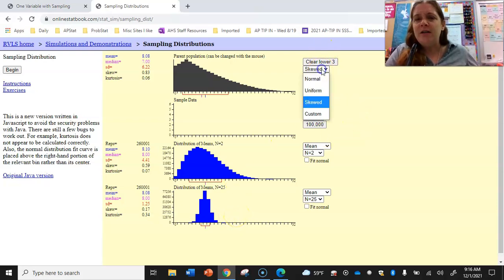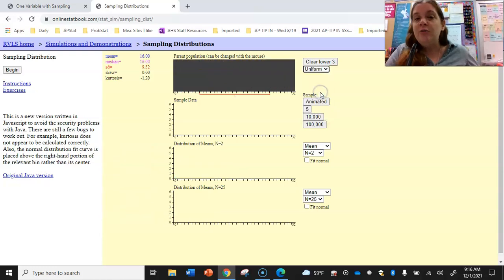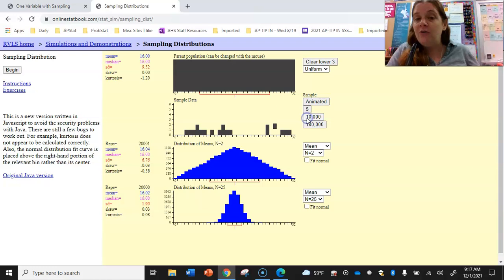And if I get 25, notice it starts to look approximately normal. If I change this and I have a uniform population, it's the same all the way across, and I find a mean of size 2, I find a mean of size 25, and I find those sample means, and then I do this over and over and over again.